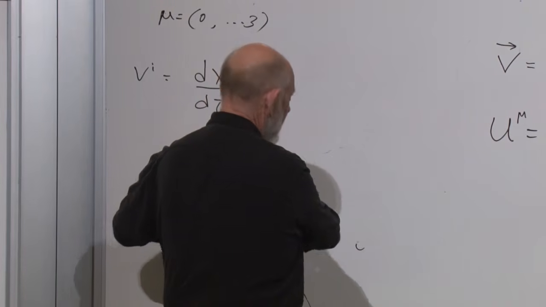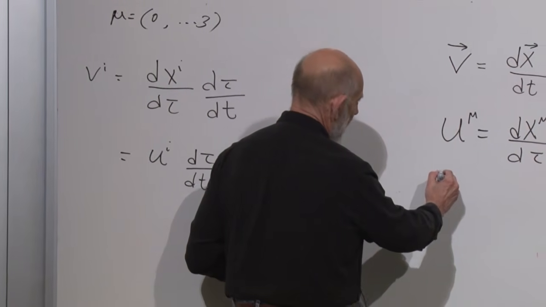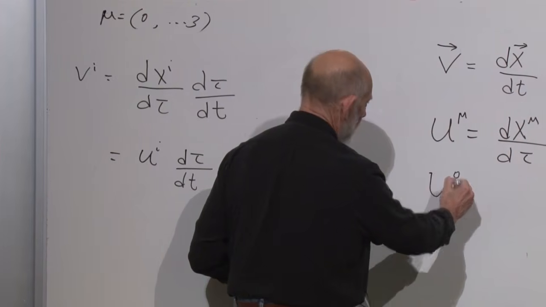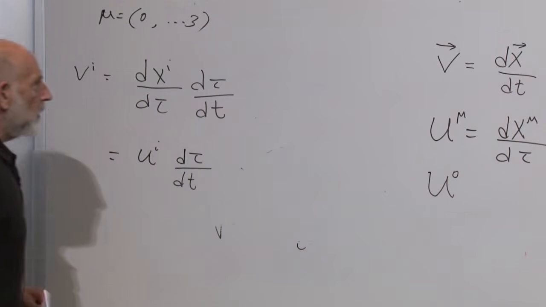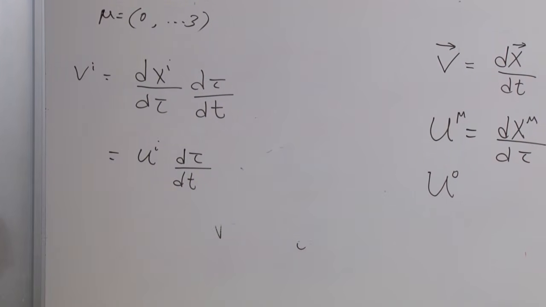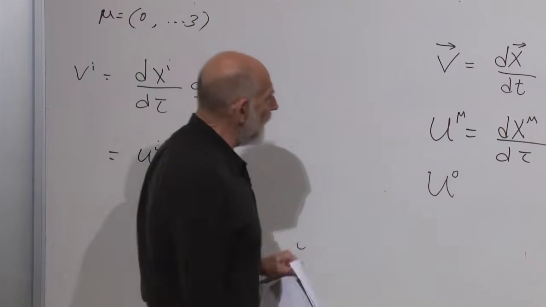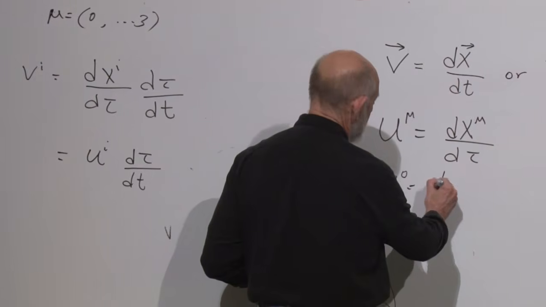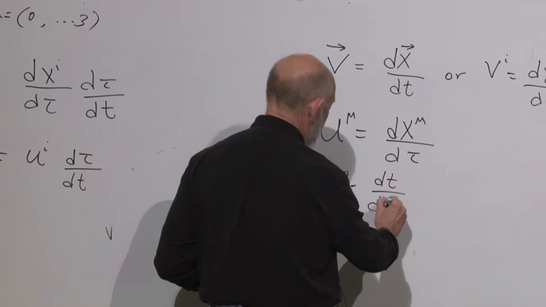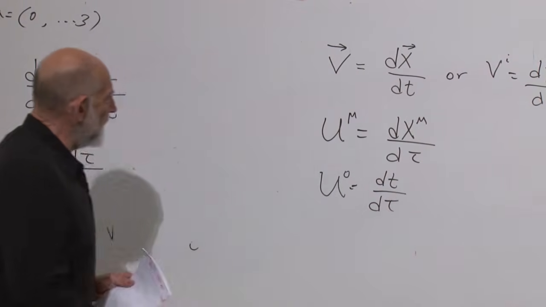Before we go ahead, let's consider exactly this quantity u naught. What is u naught? U naught is the zeroth component of this relativistic velocity, and what it is, is dt by d tau.